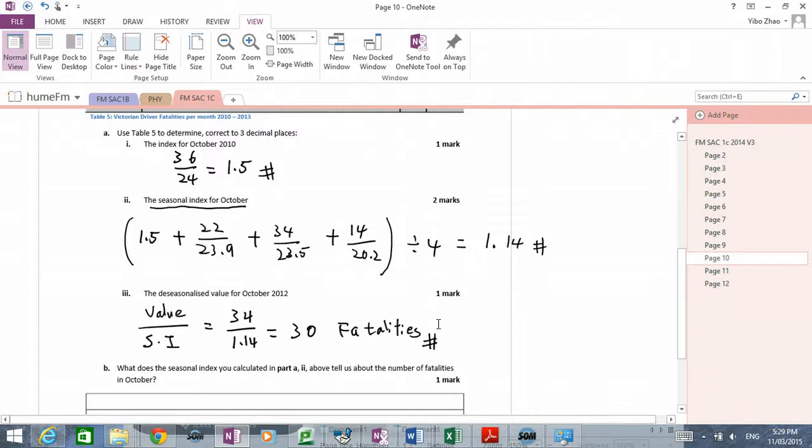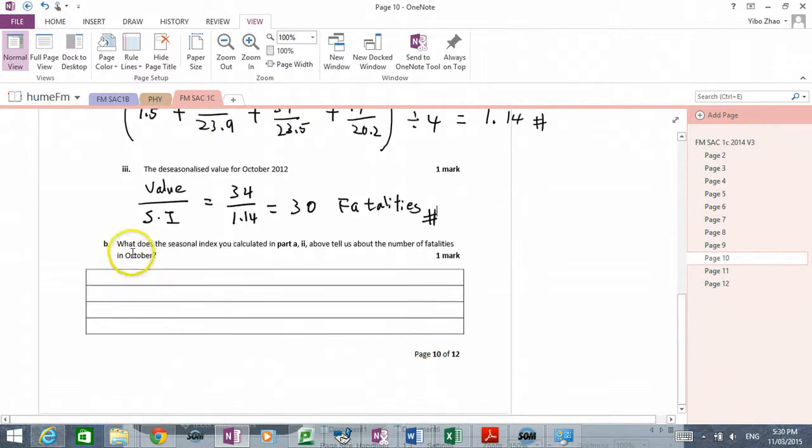Then the next step, what does the seasonal index of your calculation in part A tell us? I said that before.